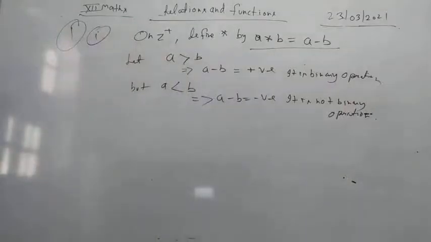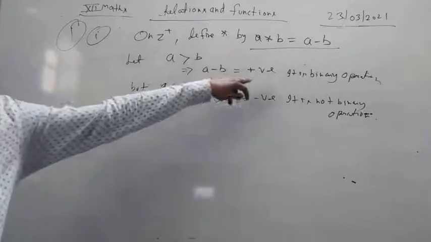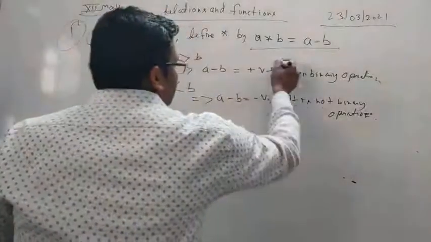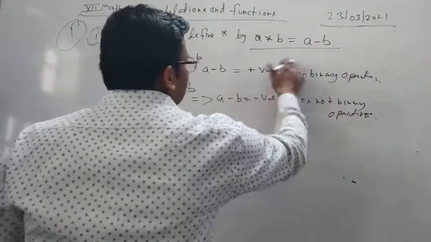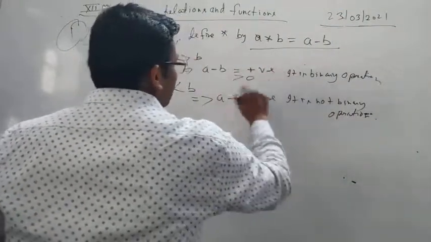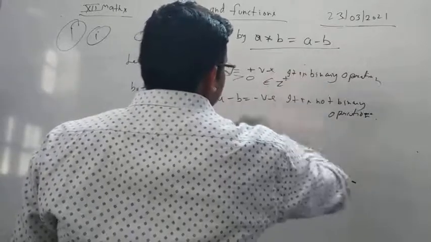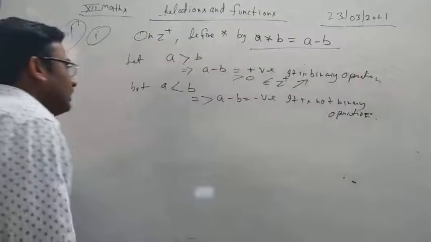If A is greater than B, this is positive, that is greater than 0 and belongs to Z plus, so this is a binary operation.